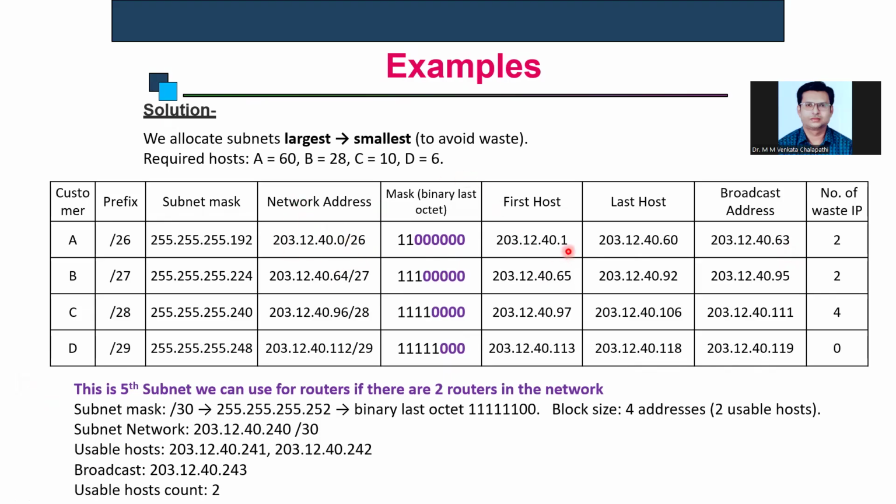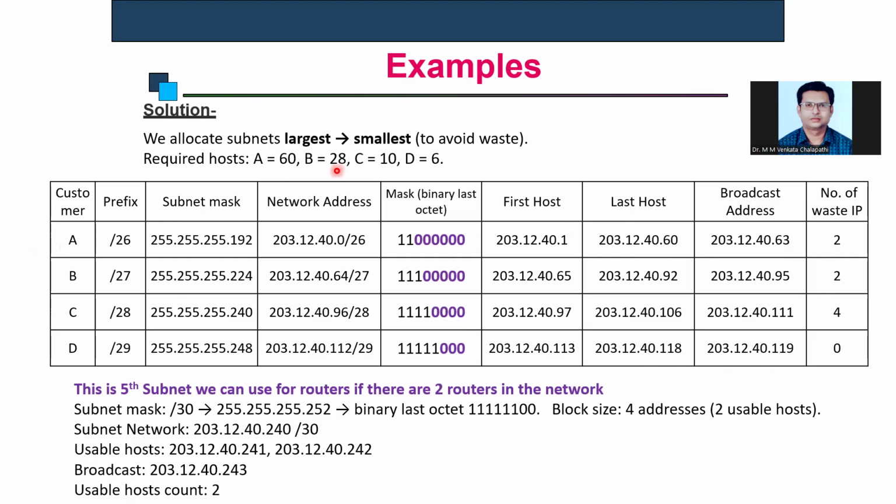The first host address will be 203.12.40.1, and the last host address will be 60 because we need only 60 systems for customer A. Then 61 and 62 will be wasted. Only two IP addresses are wasted for customer A.